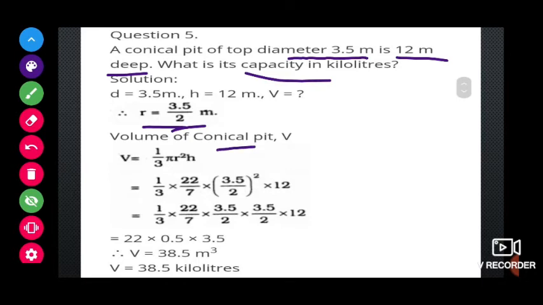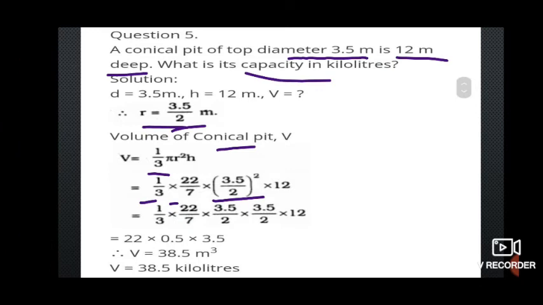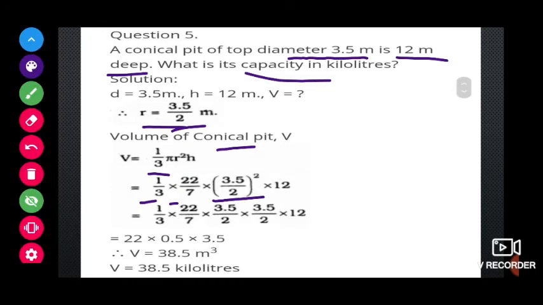Next, volume of the conical pit will be 1 by 3 pi r square h. So 1 by 3, pi is 22 by 7, r square means 3.5 by 2 whole square, that is 3.5 by 2 into 3.5 by 2, into height 12. Now 1 by 3 into 12, if we do the cancellation, 3 ones are 3, 3 fours are 12.